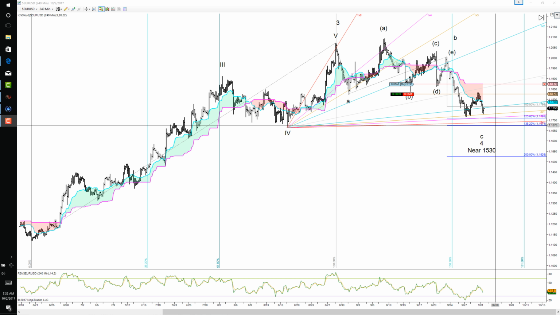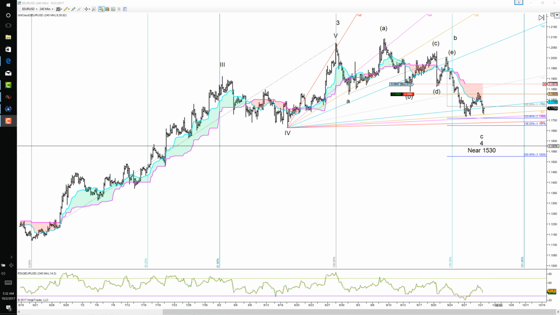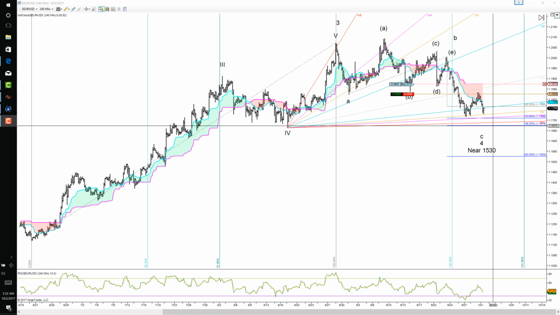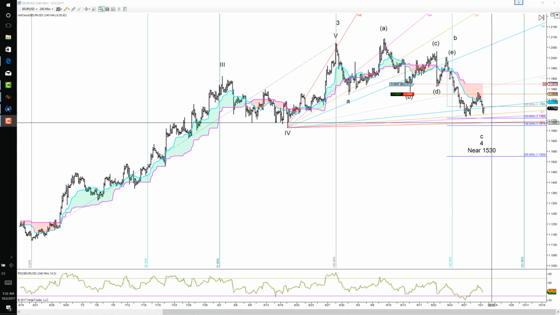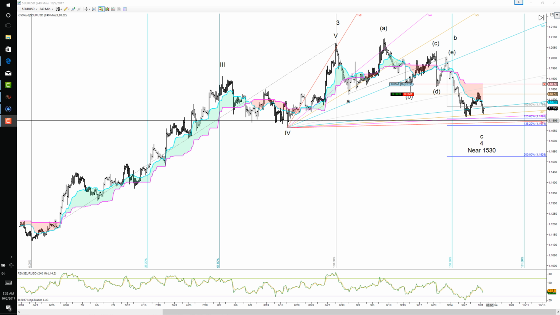Breaking this right here is going to indicate that price is going to go another 100 ticks or so lower. That's why I'm saying that the 1675 level, technically if it was to break between 1730 and 1675, so we'll go here.